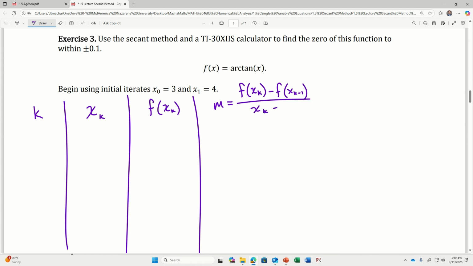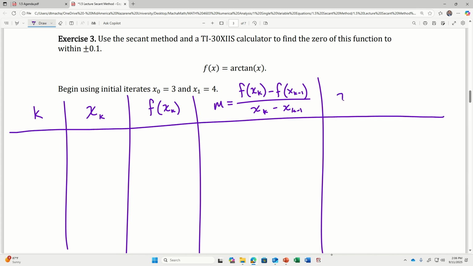To get the next iterate, it's going to have to be this iterate minus my function divided by that average rate of change, the average slope for my secant line. And once again, we have the same two starting iterates. We've got 3 and 4 already picked out for us.